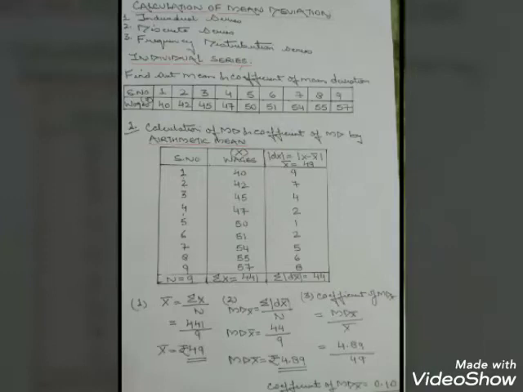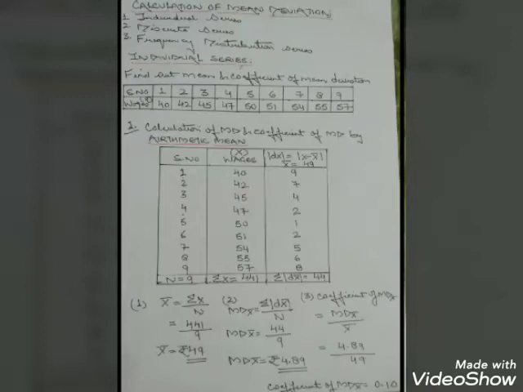So first we need to calculate the arithmetic mean. The formula for arithmetic mean is sigma x upon n.